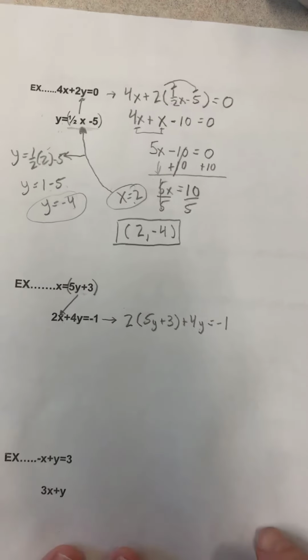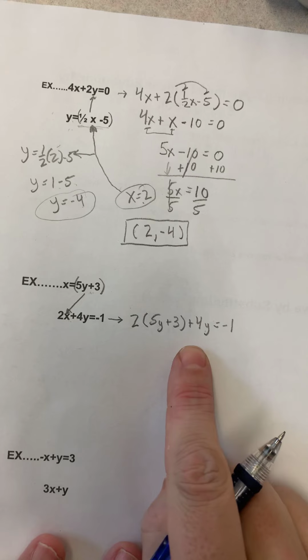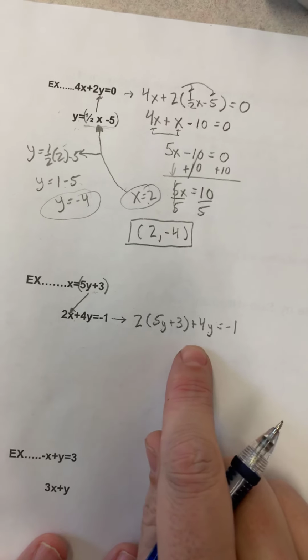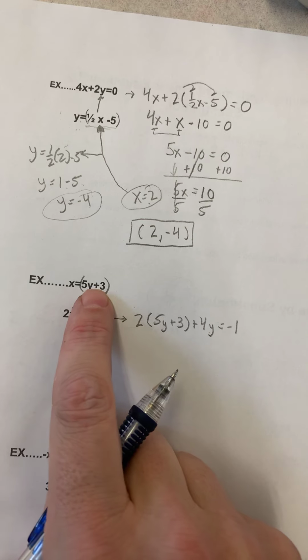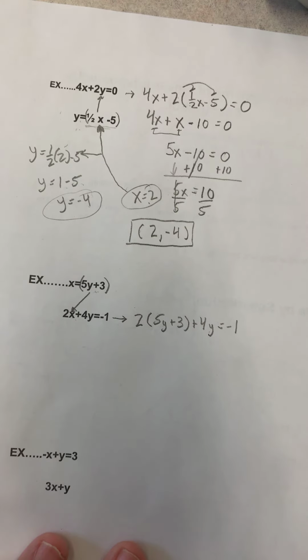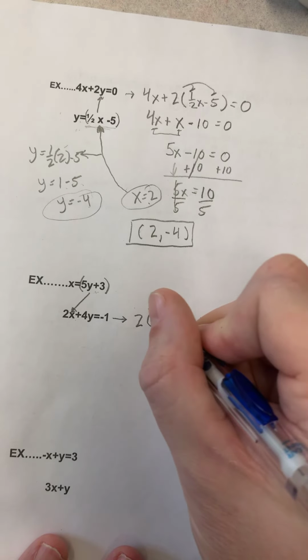And the only thing that's changing in this one is now I'm going to solve for my y first, but that's okay because once I have my y, I'll plug it in right back up here, multiply it by 5, add 3, and I'll have my x. Distribute.